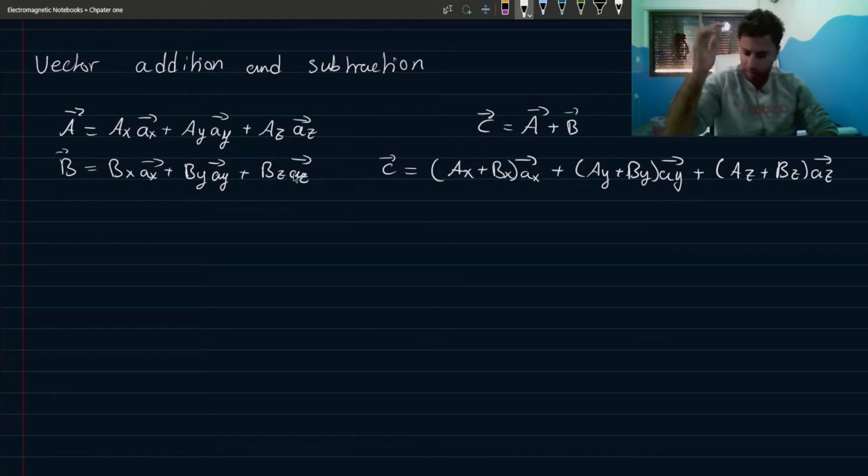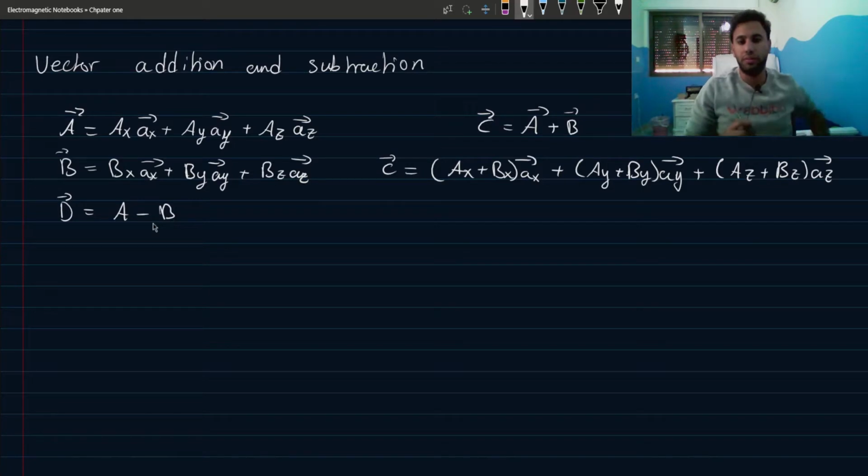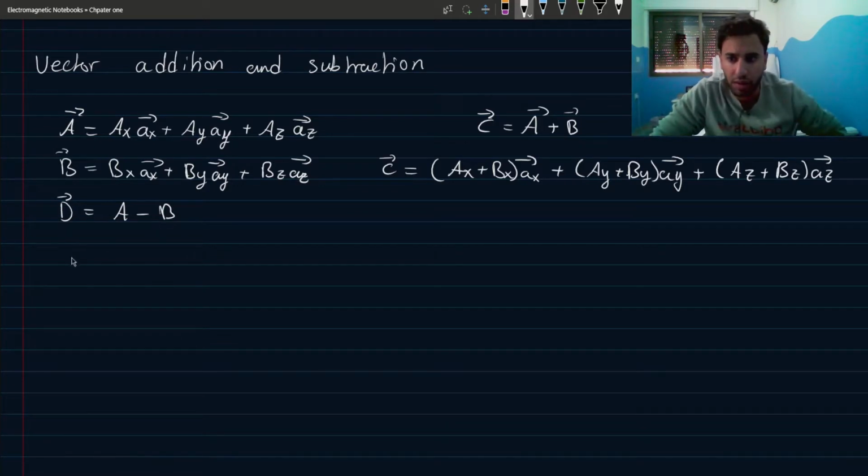That's algebraic. But let's say we want to find vector D, which is A minus B. Well, instead of adding them together, we just subtract them. Very simple. Adding and subtracting vectors is the easiest thing you can do.